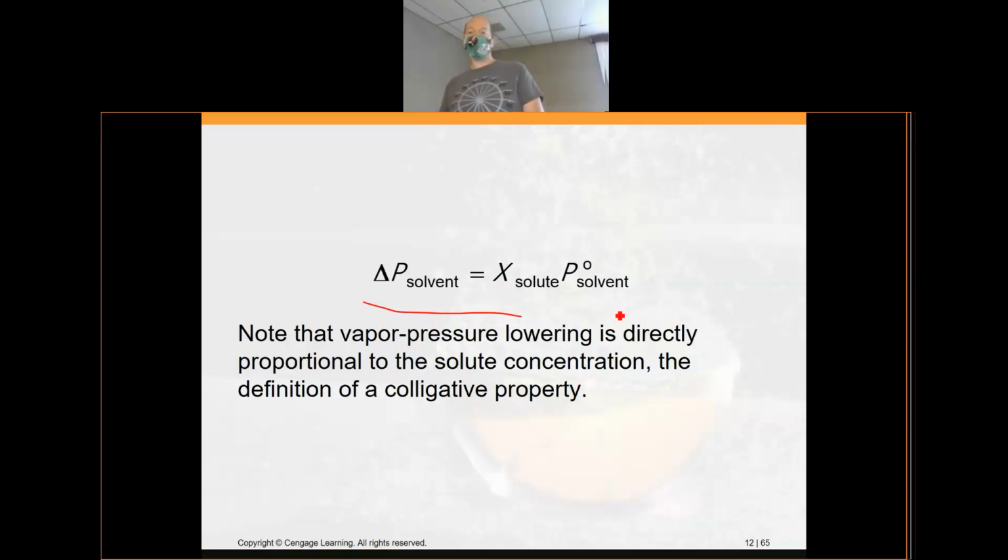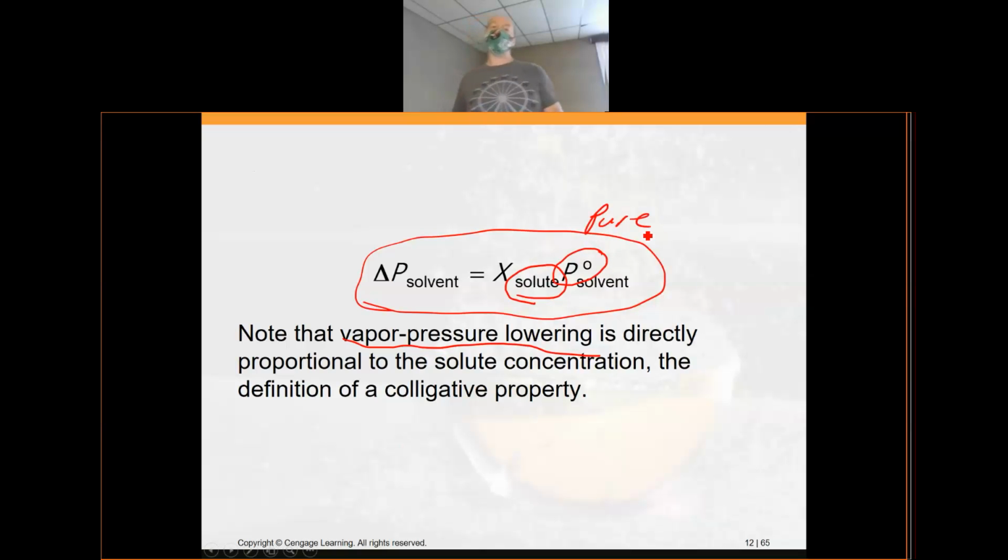All right, so the equation that we're going to use for finding the vapor pressure lowering is going to be the mole fraction of your solute. The P with a circle on it, this is pure. All right, so it is a pure solvent. So nothing in the solvent, there's no salt in it, nothing in there. It's pure solvent, there's no solute in there.